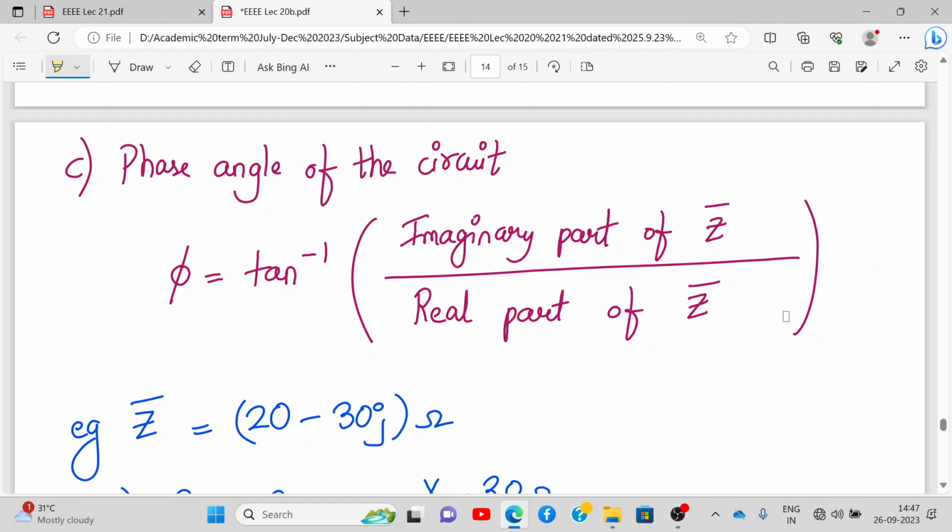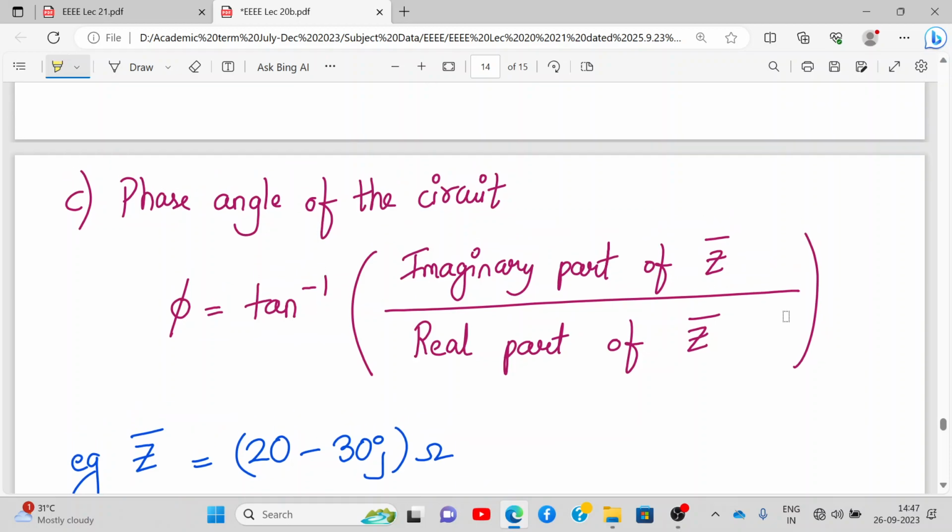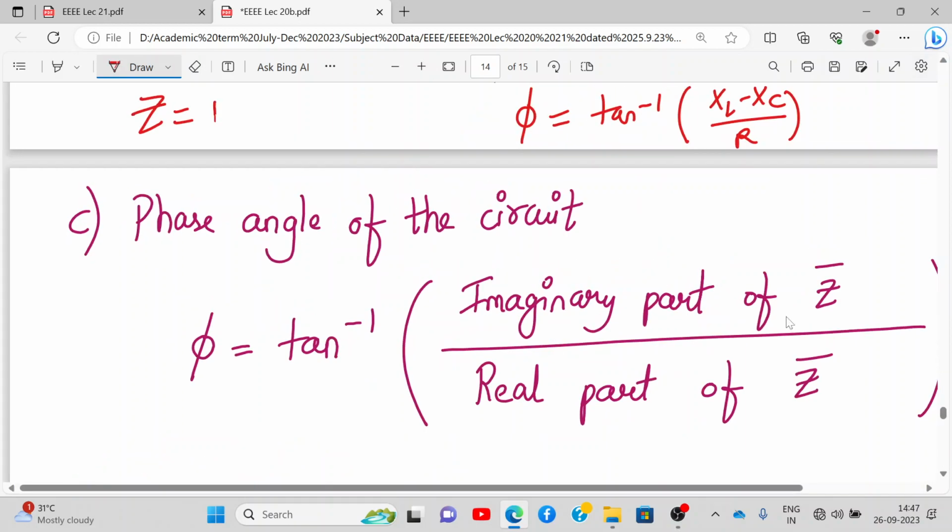Just now we considered an example, right? We have studied that phi is given by tan inverse of, in case of XL greater than XC, XL minus XC upon R. And how do we represent Z? R plus J, XL minus XC.